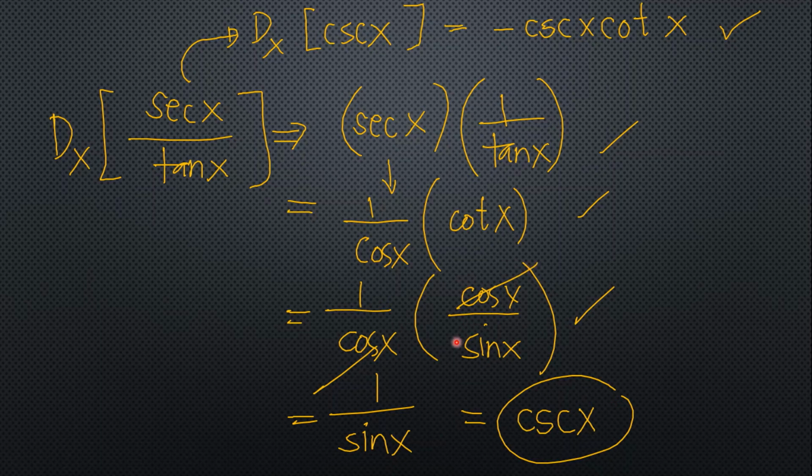Cancel cosine x, so we now have 1 over sine x. And 1 over sine x is simply cosecant x. It's a reciprocal identity. Therefore, we can replace secant x over tangent x with cosecant x. And the derivative now of cosecant x is negative cosecant x cotangent x. That makes it even easier with the use of the identities.